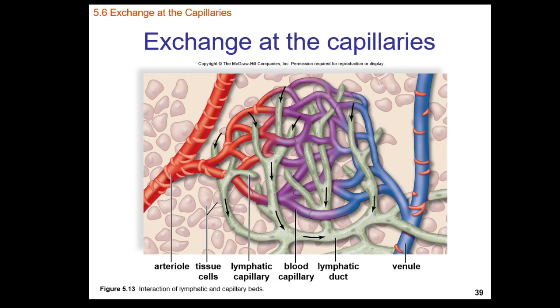But some of it doesn't make its way back in, and within the capillary beds we also have the lymphatic system sort of intertwined, and so any of that interstitial fluid that isn't taken back by the capillaries can be taken up by the lymphatic system, which will ultimately connect back with the cardiovascular system up in the shoulder. So once that interstitial fluid enters the lymphatic system, that's what we now call lymph.